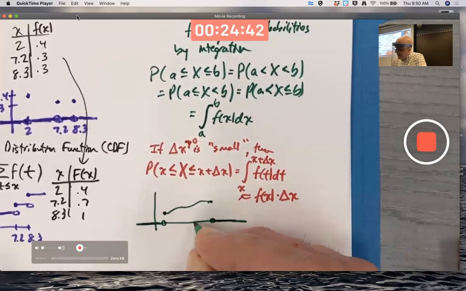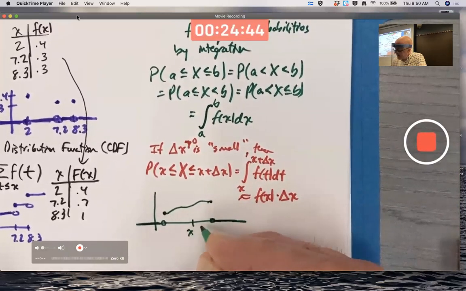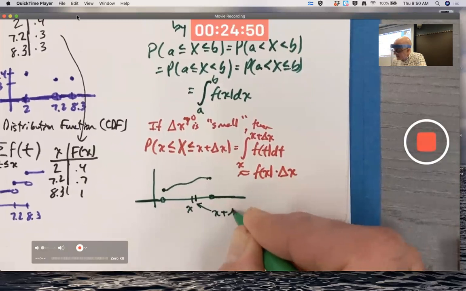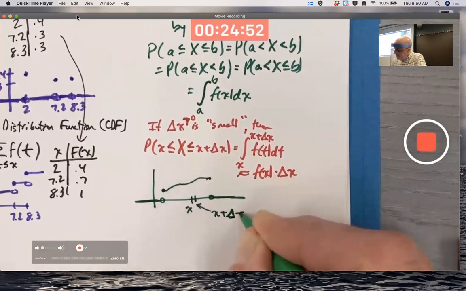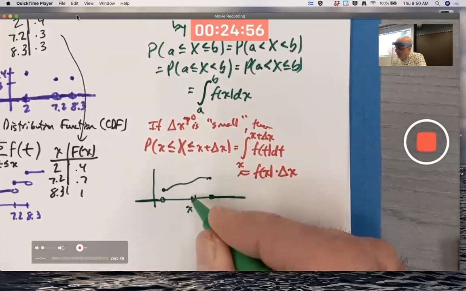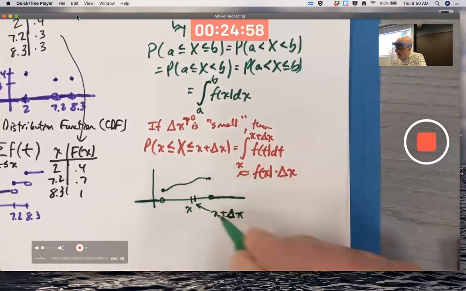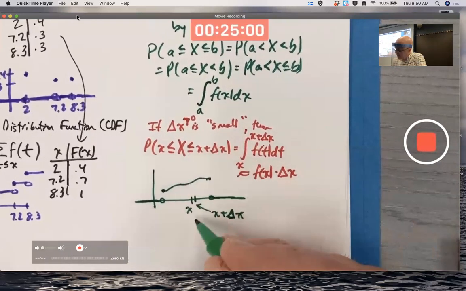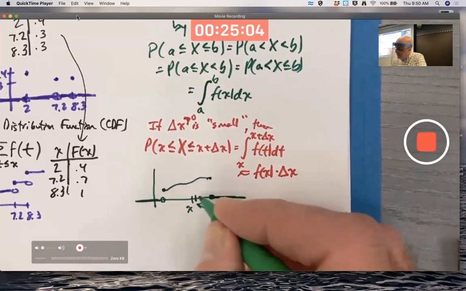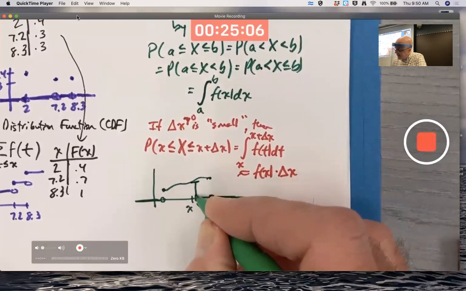But I've got some number x and some small number delta x, so that x plus delta x is close to x. Then the area under the curve equals the probability of capital X being between little x and x plus delta x. But that area is approximated by the area of this skinny rectangle.